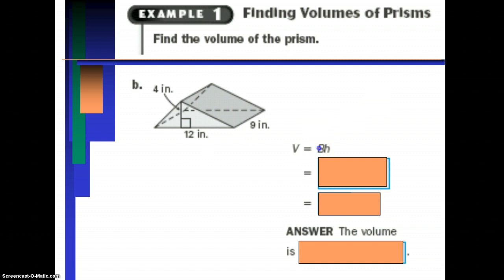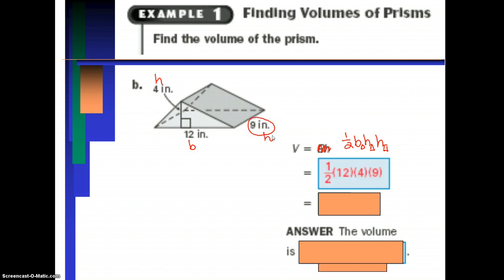Volume of a triangular prism. The formula we use is 1/2 base of the triangle, height of the triangle, times height of the prism. So let's label those things first. Look at the triangle, that's this part right here. This is the base, this is the height. The height of the prism connects the two triangles, so this triangle and the triangle at the very end, which is this number.